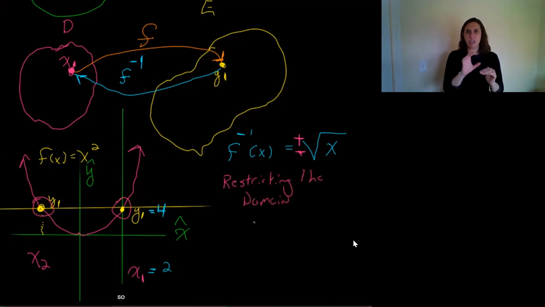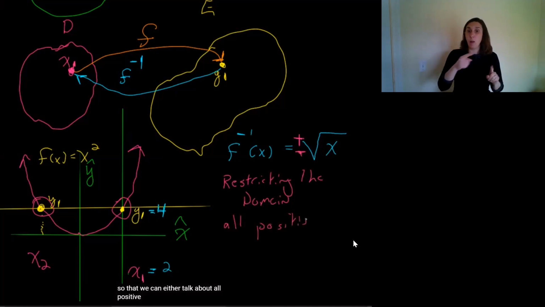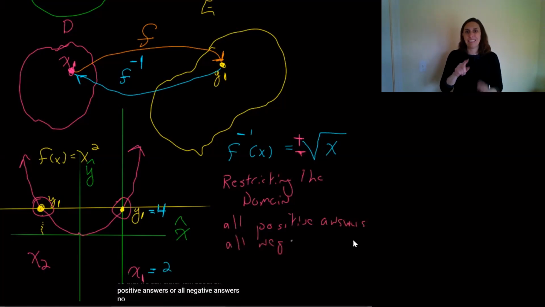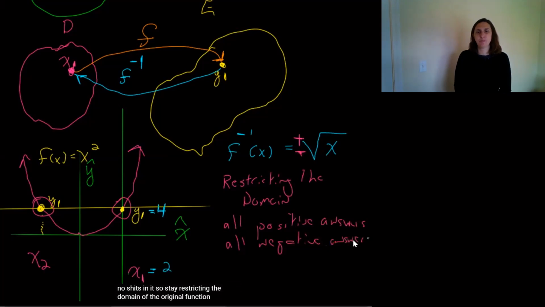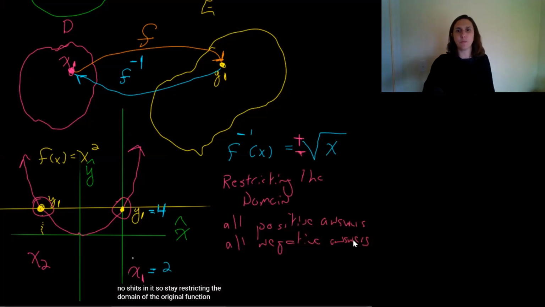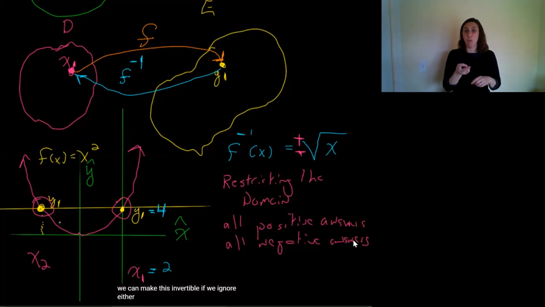So that we can either talk about all positive answers or all negative answers. And I should say restricting the domain of the original function. And so we can make this invertible if we ignore either this side of it or this side of it.